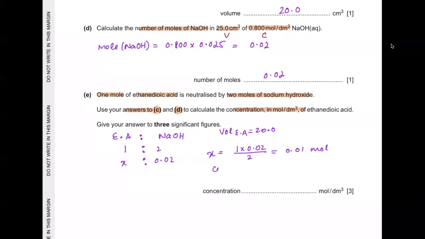You got the moles, you have the volume. Now you can easily calculate the concentration by dividing the moles by the volume. Volume is in centimeter cube, so you are going to divide by 1000 to turn it into dm cube. On dividing by 1000, it is going to be 0.02 dm cube. So you just divide by 0.02 dm cube, you will get the answer.